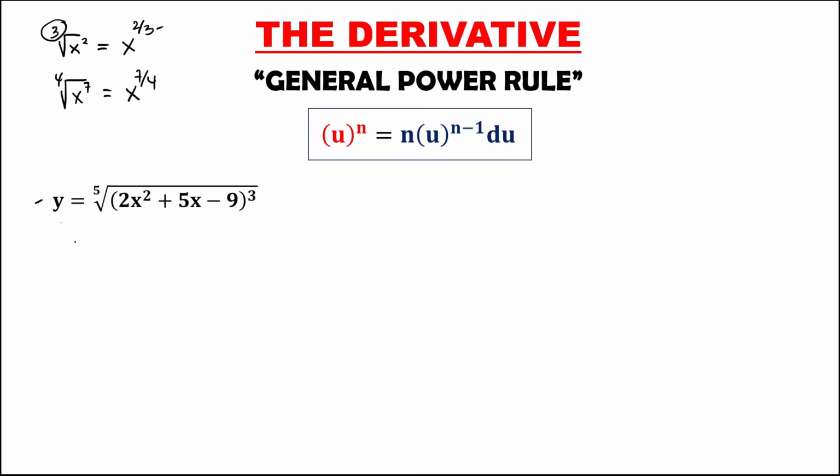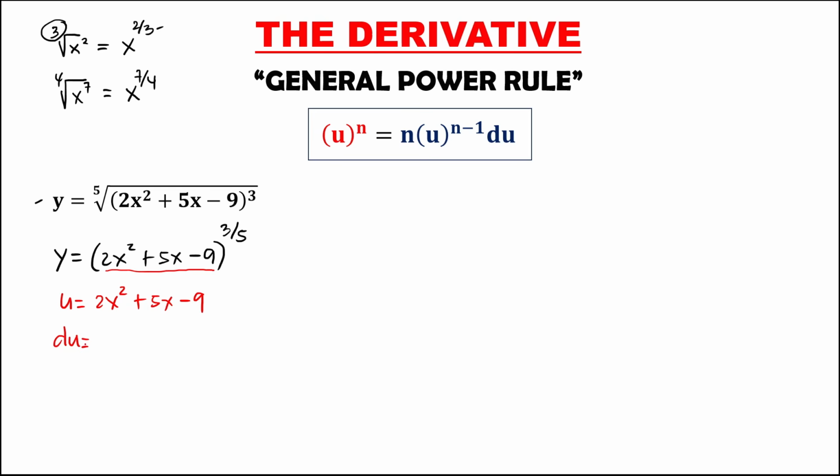So for this given, to rewrite in exponential form, this becomes y equals 2x to the power 2 plus 5x minus 9, then quantity, so the exponent is 3 over 5. Then to find the derivative, we need to find first the value for u. And u equals what's inside the parentheses, so 2x to the power 2 plus 5x minus 9.